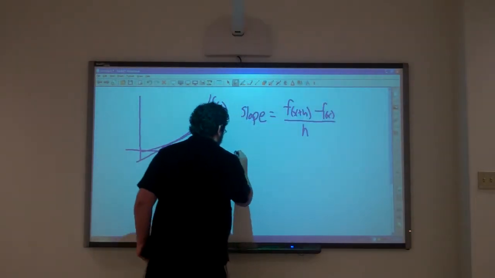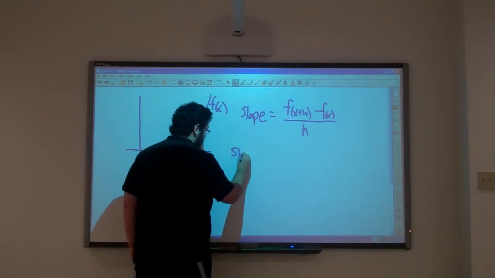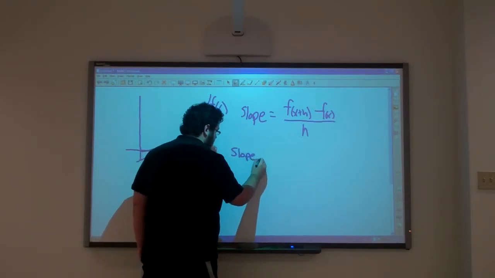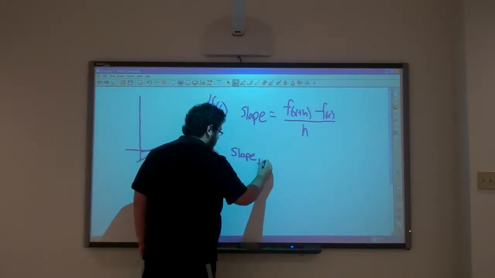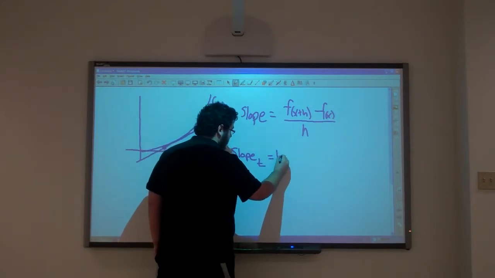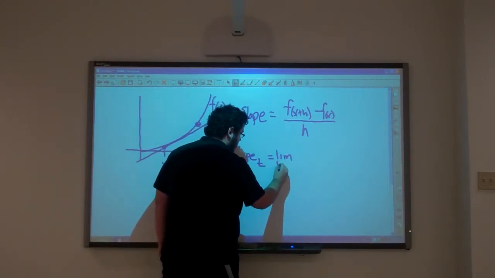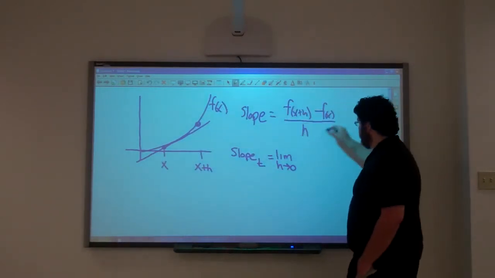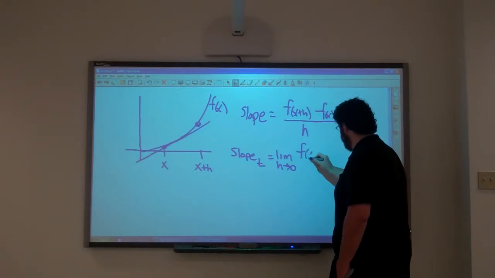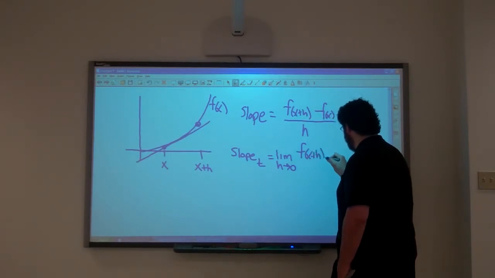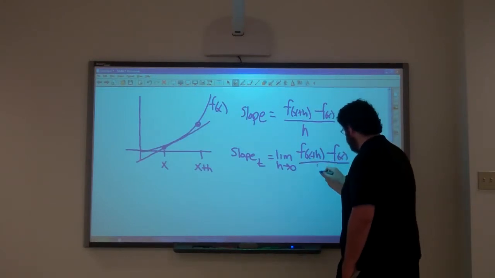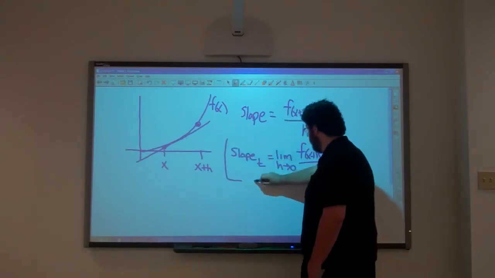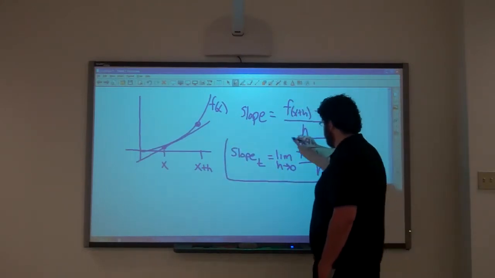So we're going to say the slope of the line tangent to the curve, the tangent line, is equal to the limit as h goes to 0 of this. This is the instantaneous rate of change.